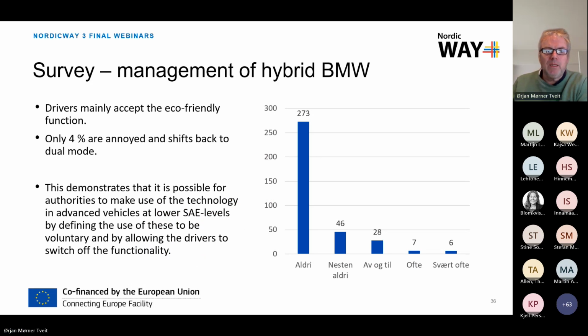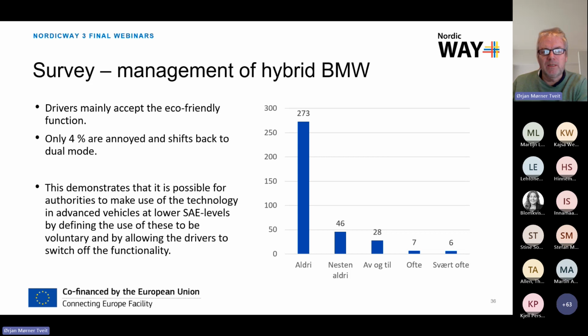We asked the drivers if they accepted the eco-friendly functionality, and also if they changed the behavior of the car back to dual mode. We see that only 4% are annoyed or irritated by this functionality and shifted back to dual mode, but most people were appreciative of this new functionality because it made their cars more environmentally friendly.